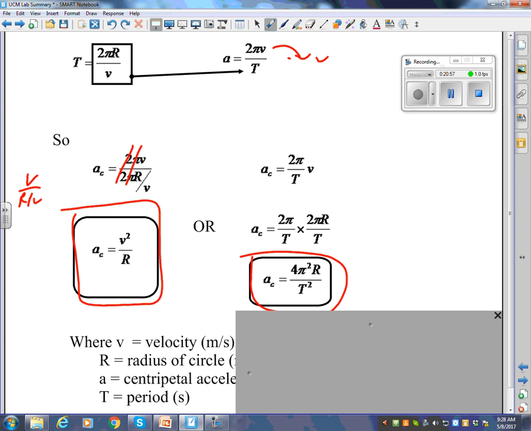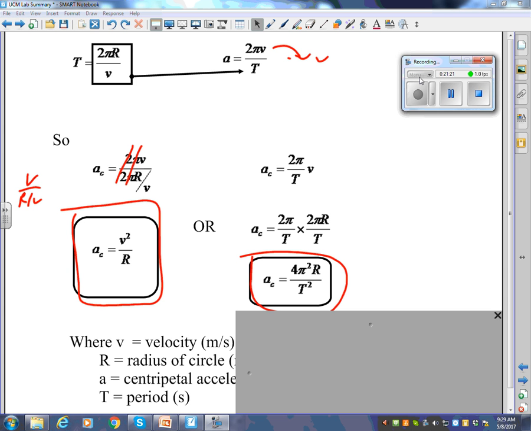Now I want to point out a common mistake here. Way back in about grade 7 or 8 you were taught the area of a circle. What's the formula for the area of a circle? Pi r squared.